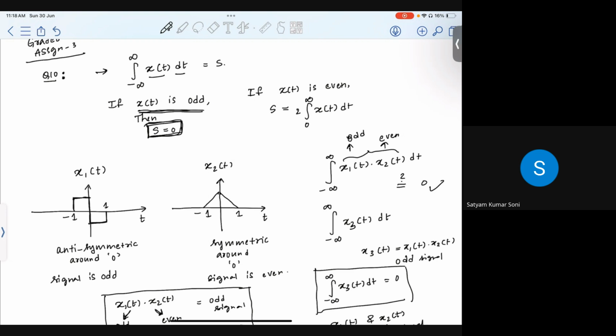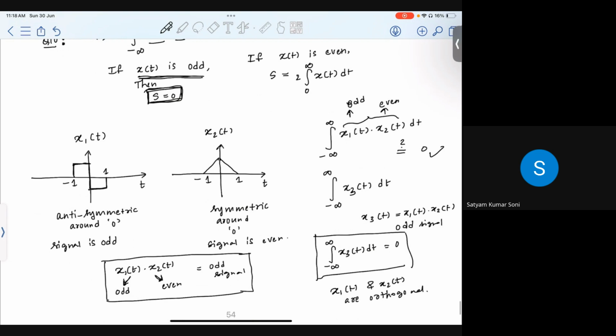For example, in the odd signal case, if the given signal is anti-symmetric around 0, just by looking at the signal itself, when somebody asks you to find the integration, you can simply say it is 0. So you don't need to evaluate the entire thing. That's the idea.